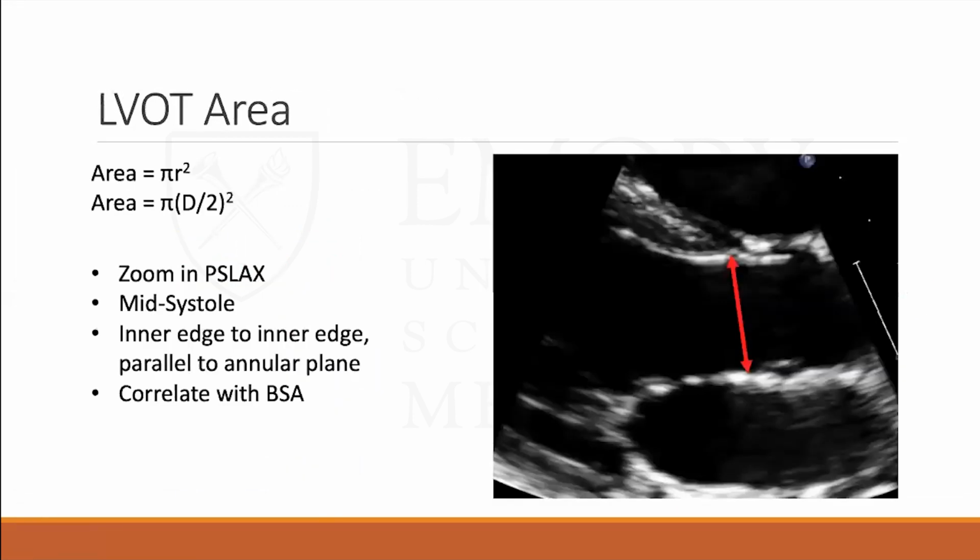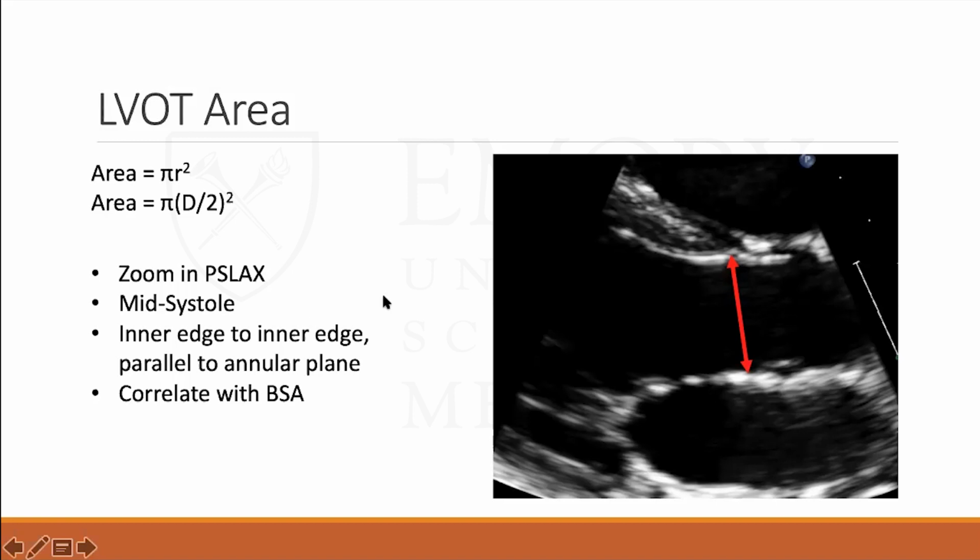The thing that's probably the hardest to do, and that leads to the biggest discrepancy in aortic valve area, is incorrect measurement of your LVOT area. The reason is that area is pi r squared. So if your r, or your diameter divided by 2, is off, you're squaring that number, and you're exponentially increasing the error of measurement.